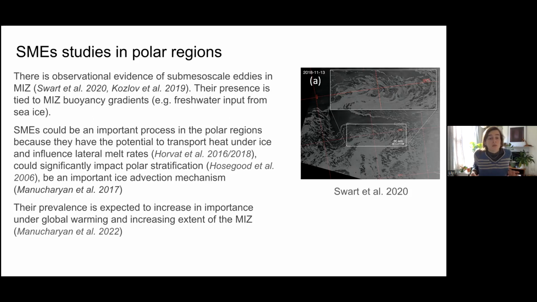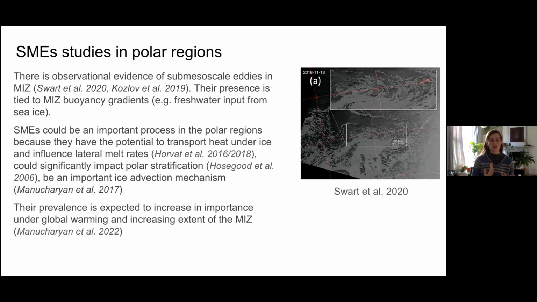And then there have also been modeling studies into possible different impacts of the eddies with sea ice. For example, Horvath looked at how the eddies can influence lateral melt rates. The melt rate of sea ice floes, for example, can depend on the diameter of the floes or how many there are, and these eddies actually bring warm water and melt the ice, so that can have a big impact on those melt rates.